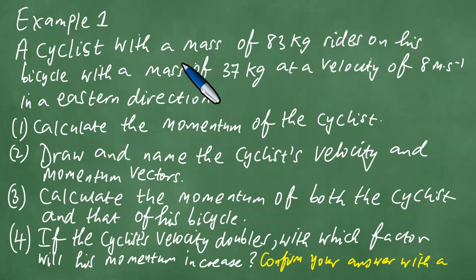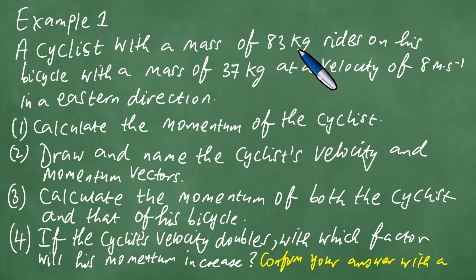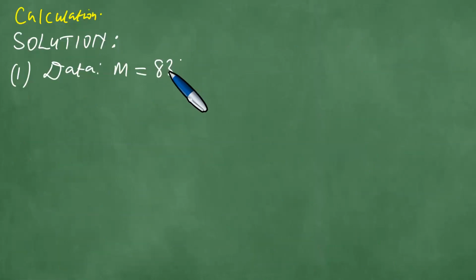So we're dealing with a cyclist with a mass of 83 kilograms who rides on his bicycle with a mass of 37 kilograms at a velocity of 8 meters per second in an eastern direction. Calculate the momentum of the cyclist. So we need the momentum of the cyclist. We write down the data. What is the mass of this cyclist? A cyclist with a mass of 83 kilograms. So the mass is 83 kilograms.